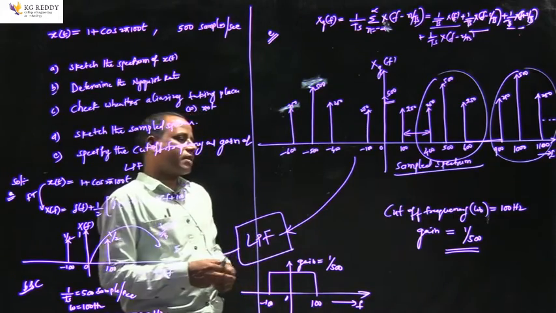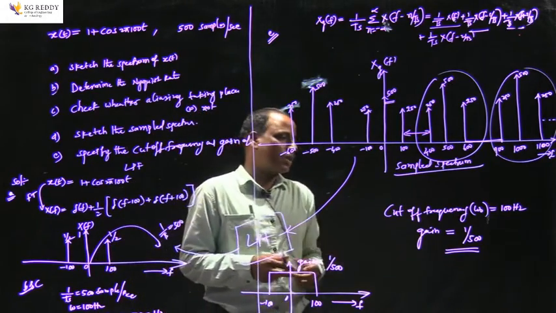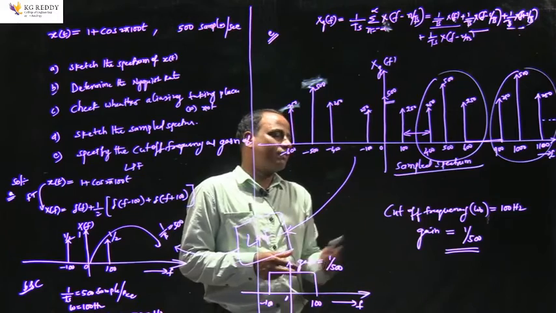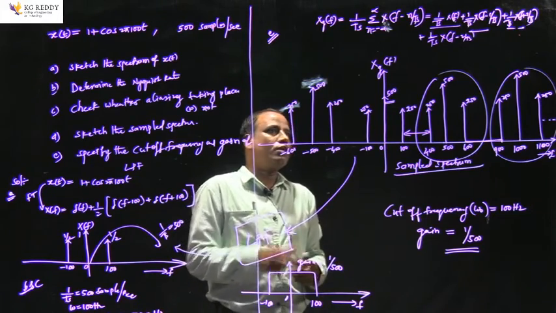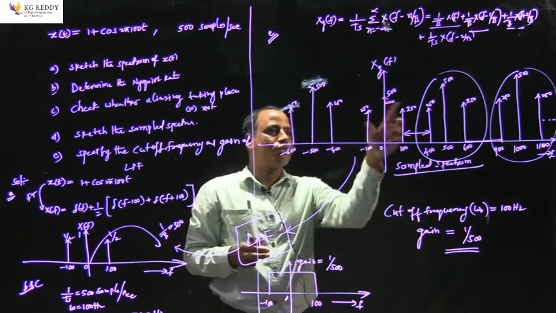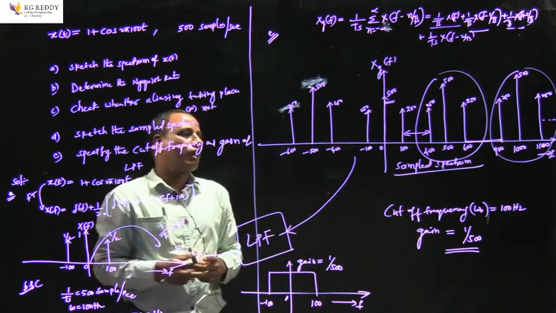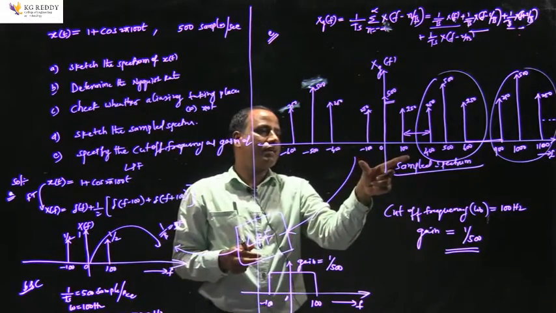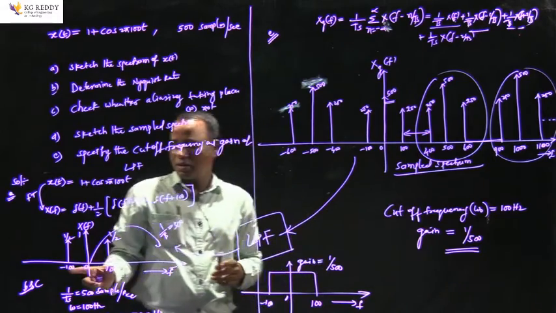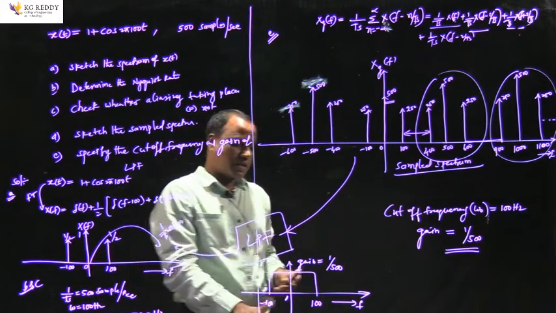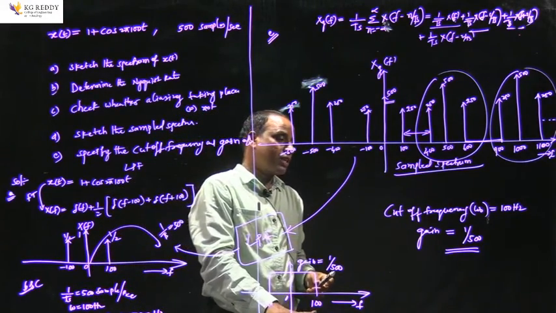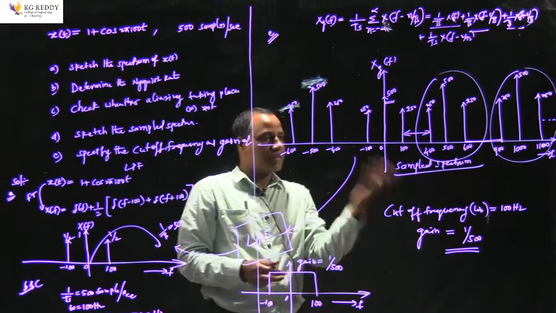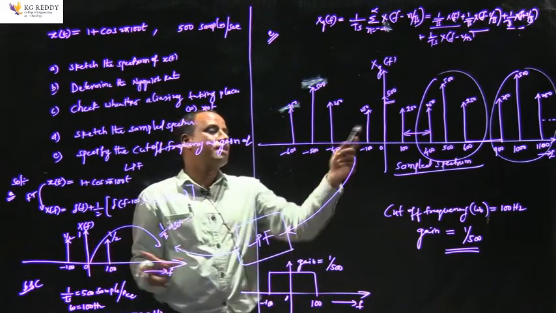In this particular case, the filter has to be designed with a cutoff frequency of 100 hertz and a gain of 1 by 500, so that the magnitudes 500 and 250 are converted to 1 and half, and we get this minus 100 to plus 100. That's the reason we design a low pass filter with the highest cutoff frequency of 100, so that we can reconstruct this particular signal from the sample spectrum.